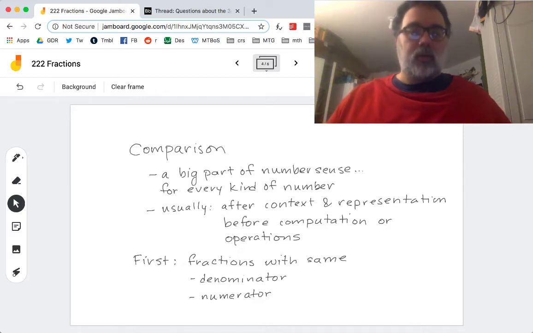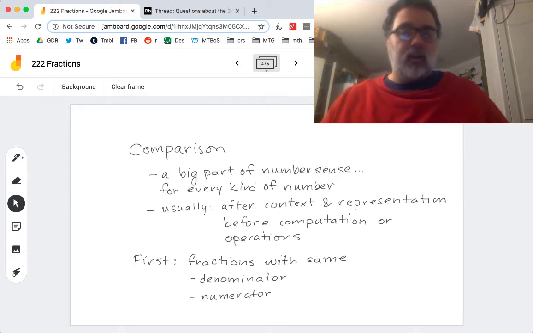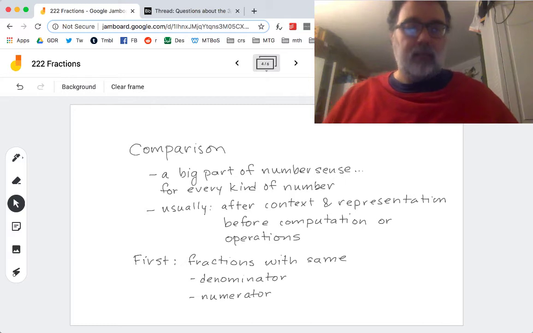So in this video, we're going to be thinking that the learners have already done some work trying to make sense of how to visualize and understand what that number means as a quantity.